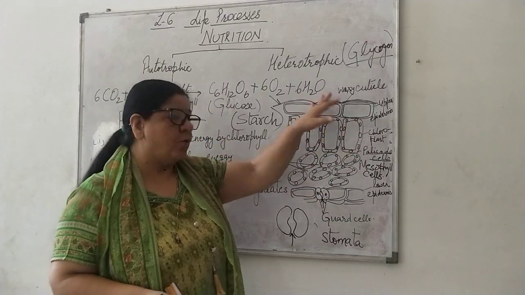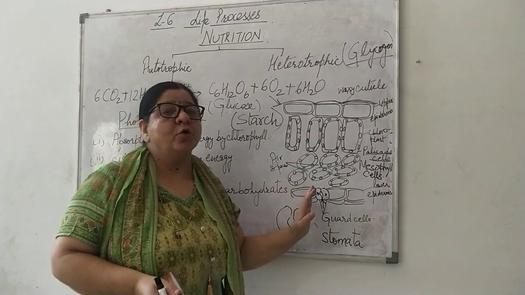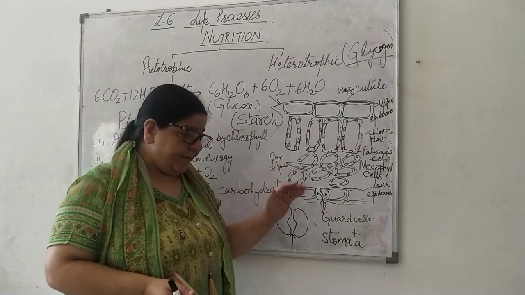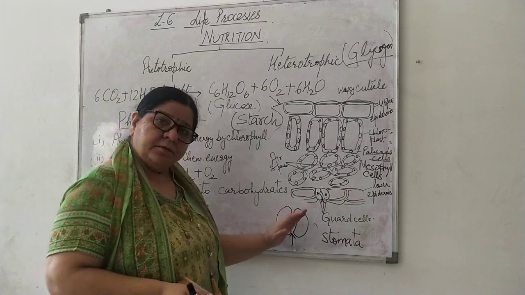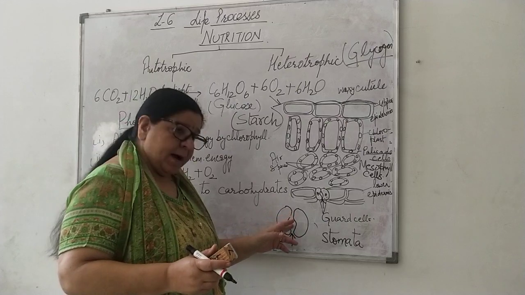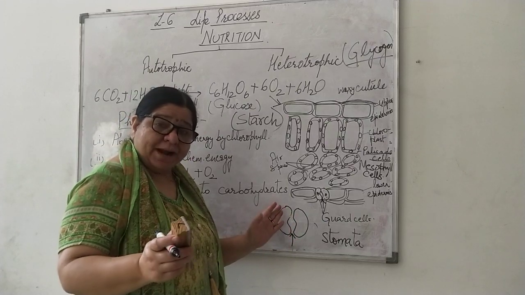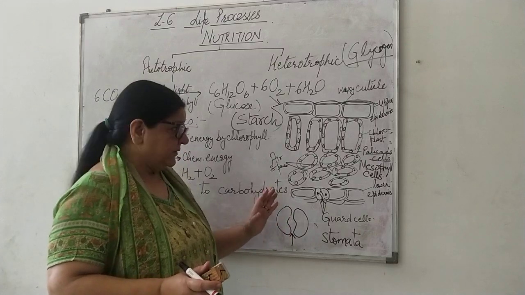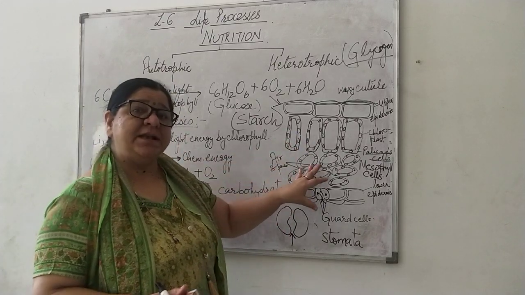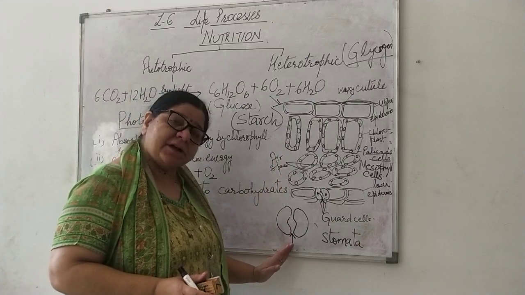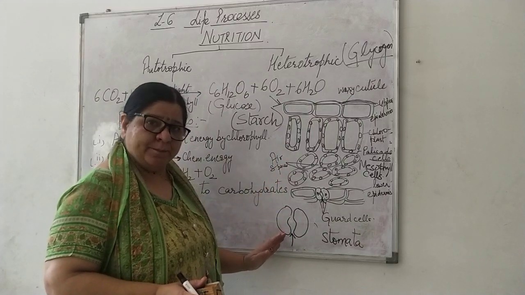So this is how the process of photosynthesis takes place inside the leaf. As the water enters, the stomata will split apart, the stomatal pore will open, and carbon dioxide rushes in. When the oxygen is prepared here, that oxygen will be released out through this stomata.